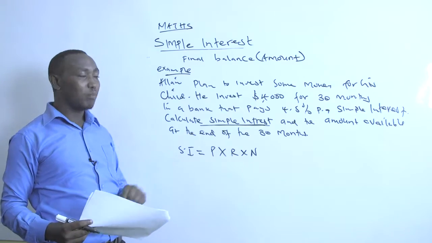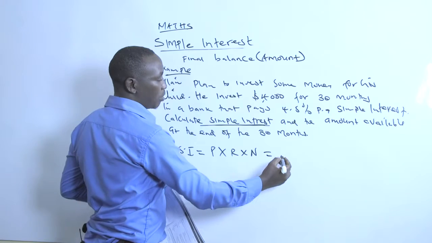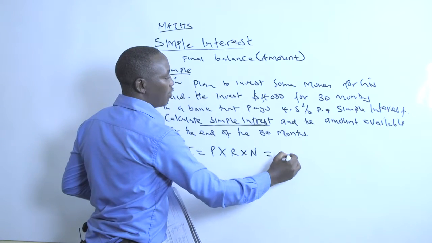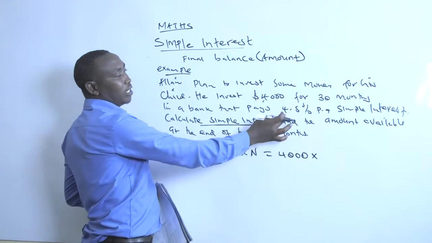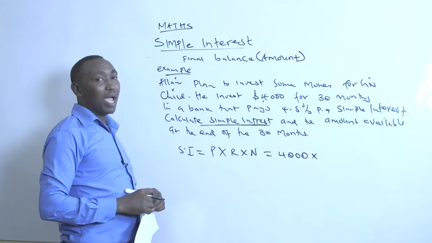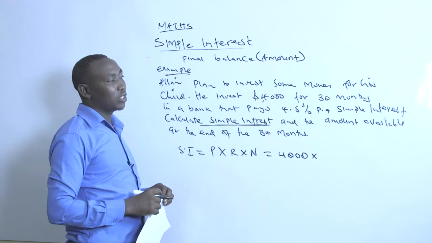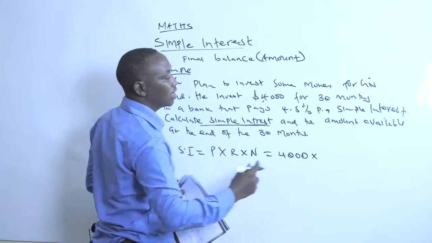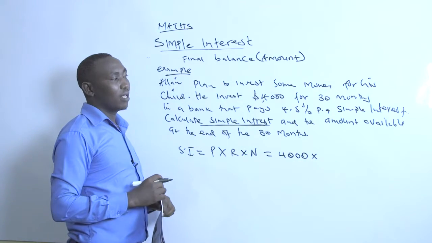R, we divide it by 100, and therefore we're going to have the principal being $4,000 multiplied by rate. Rate is 4.5% per annum.